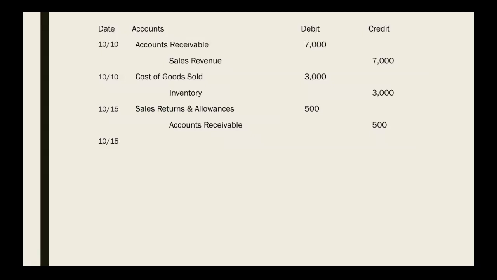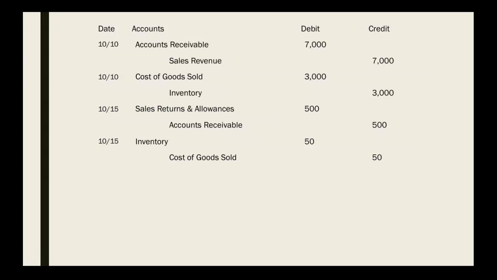Then we have this second entry on the day of the return. This deals with the fair value of the goods being $50. Well, we now have inventory worth $50 again. So we will debit our inventory of $50, and we will credit our cost of goods sold for $50.